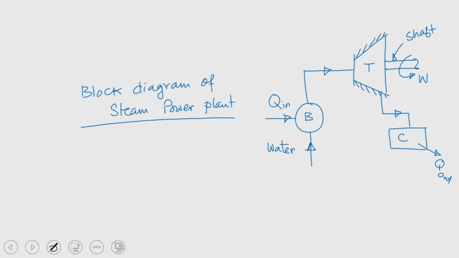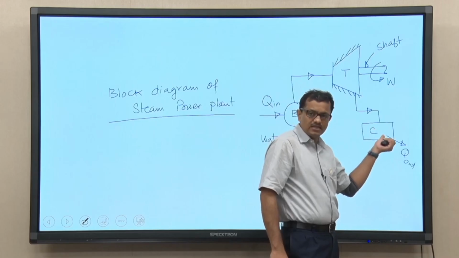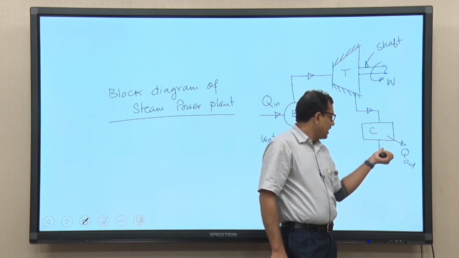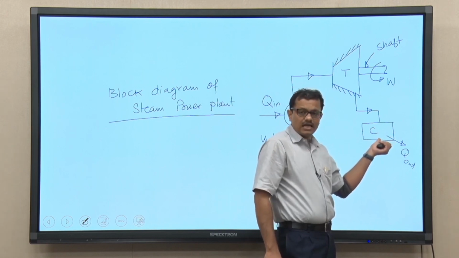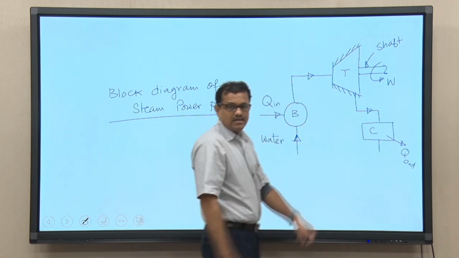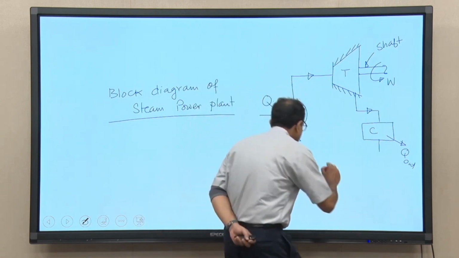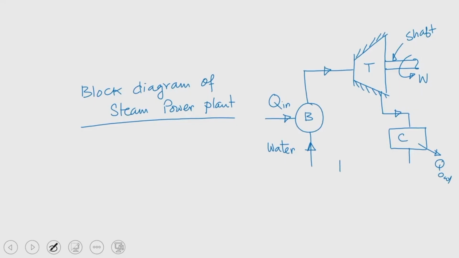After the turbine, the steam coming out still has some thermal energy in the form of heat, and that heat energy is rejected while it passes through this device, called the condenser. The collected condensate can be pumped back to the boiler to make it a cyclic device. So we should have one pump.